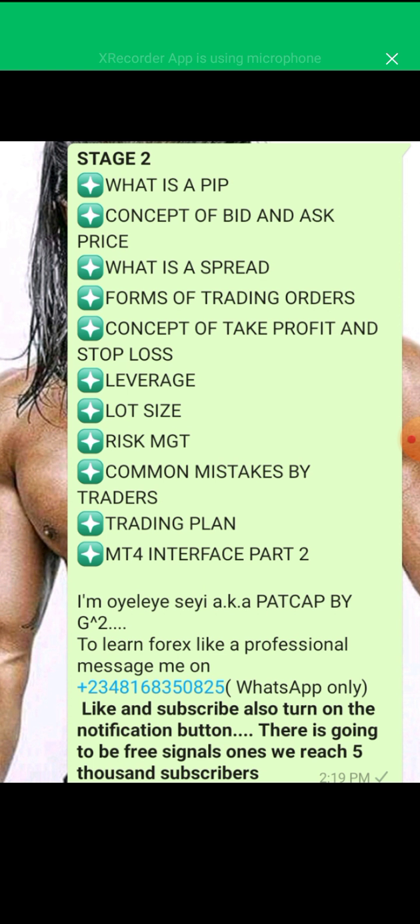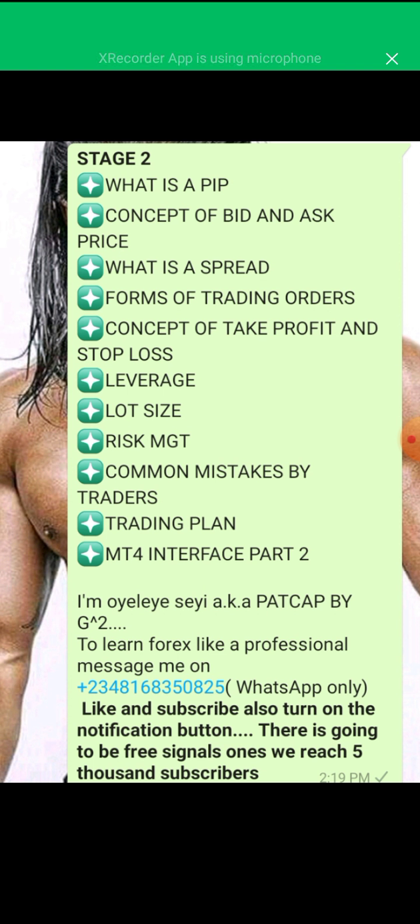Your leverage is the ability of you using something small to get something big. Like, you should be able to trade with $100 on bigger lot sizes. So your leverage will help you with that. Your lot sizes are like your price. I'm going to show everything on the screen, like the price that you're willing to pick up the trade.